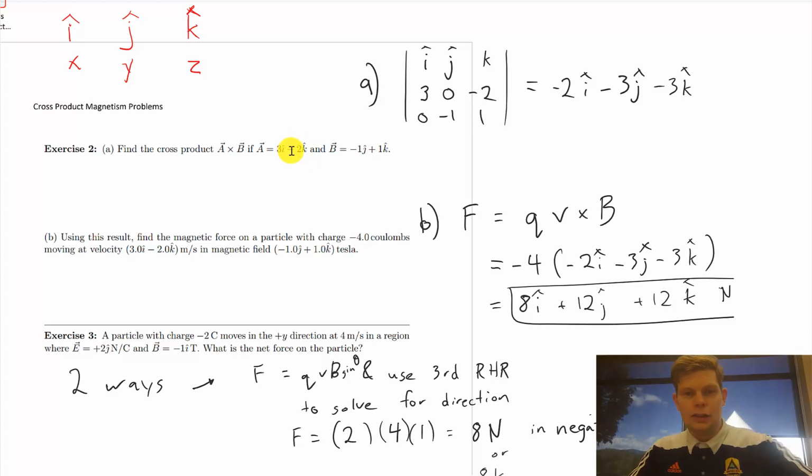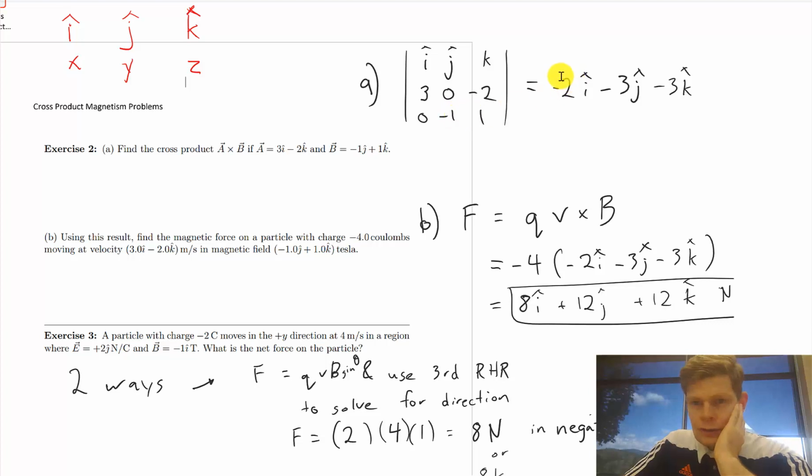So not too bad. All right, so we're doing A cross B, so we lay it out. 3 is my x component, 0 is my y component for A, and -2 is my z component, and we have a -1 for our y component for B, and 1 for z component for B. So we're going to cross this.